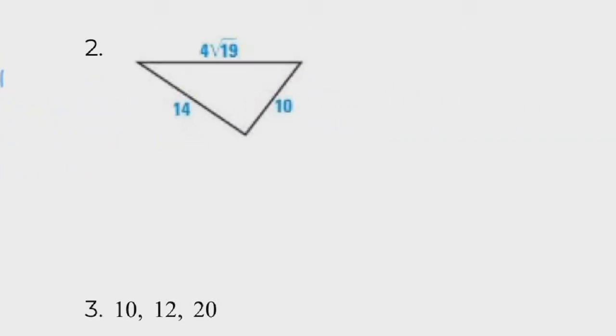Number 2, we have 4 rad 19, 14, and 10. If you plug 4 rad 19 into a calculator, you'll get that it's bigger than 14, so that's going to be our hypotenuse. So we have 10 squared plus 14 squared equals 4 rad 19 squared.